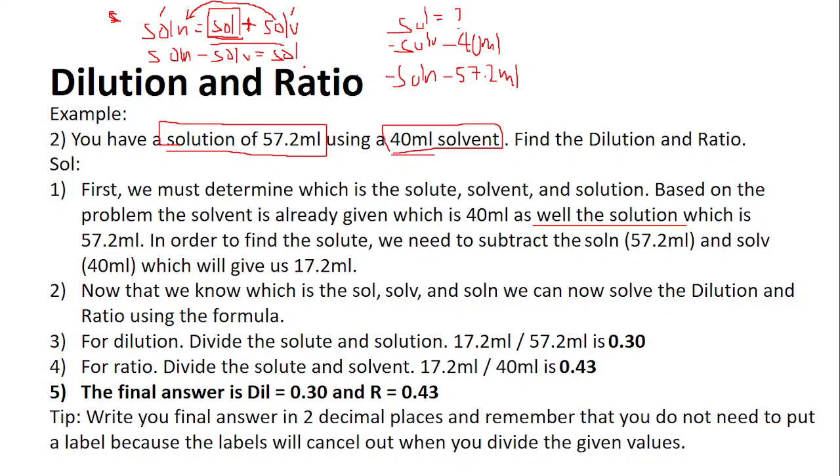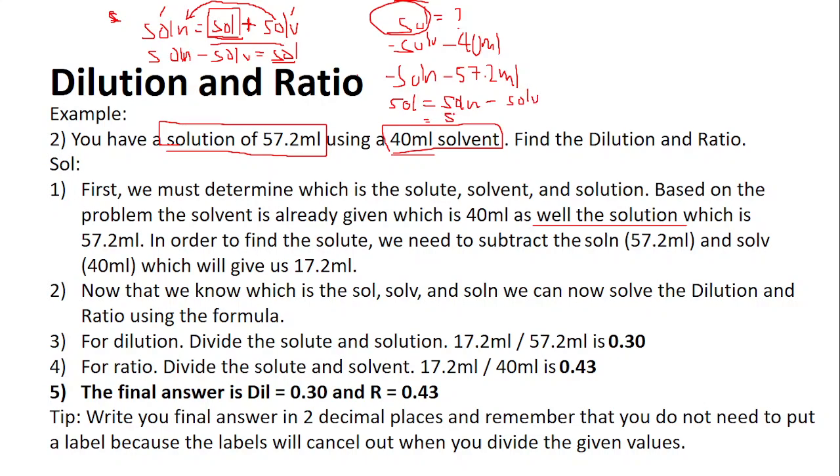So, your final formula for solute is solution minus solvent. Okay, so in order to get the solute, we will just subtract. Solute is equal to solution minus solvent.